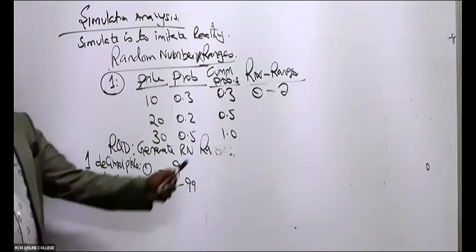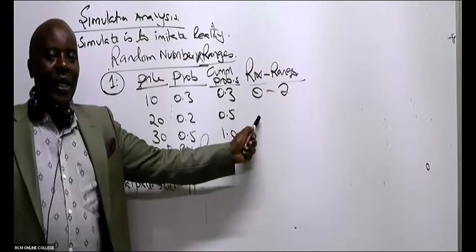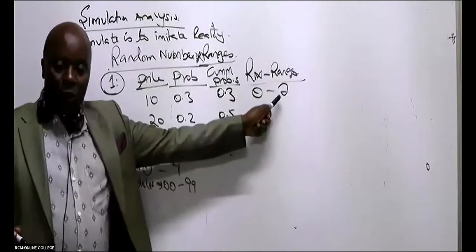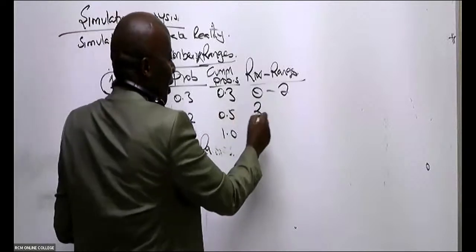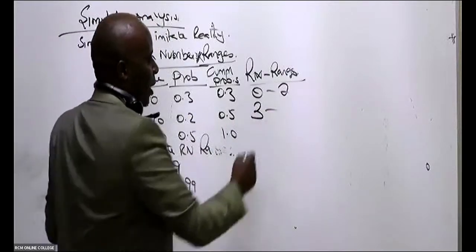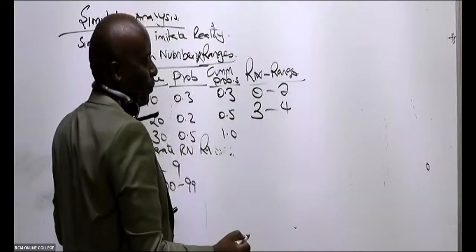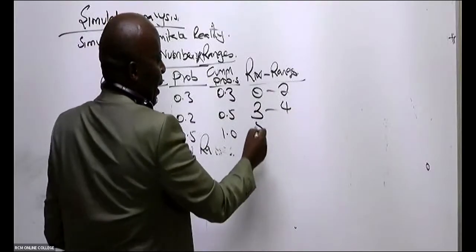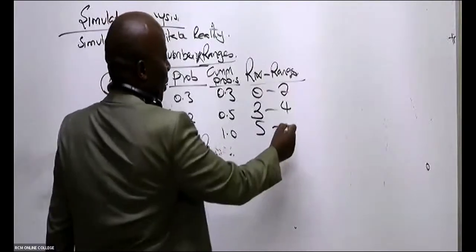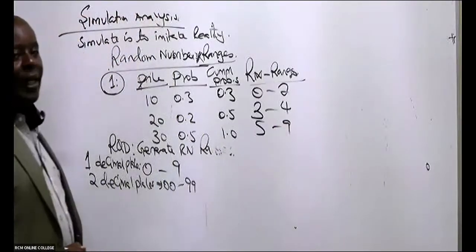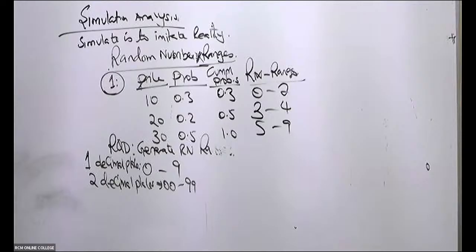I can't begin from 2. No. Next class, I'll begin from the next number after 2 on the number line, which is 3, all the way to 5 minus 1, which gives me 4. Next number after 4 is 5, all the way to 10 minus 1, which gives me 9. Great. So that's exercise number 1.